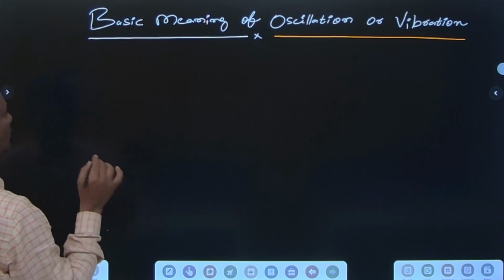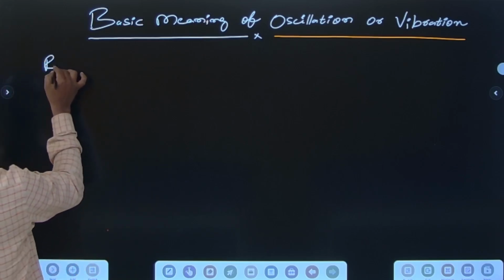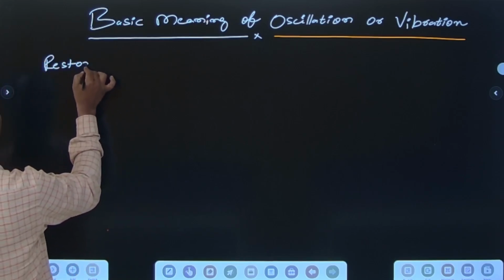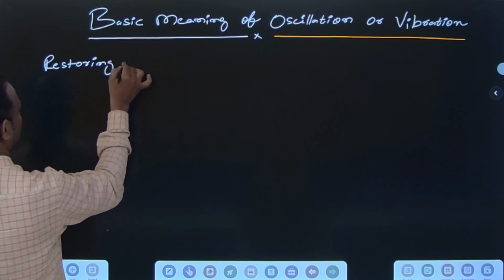Before knowing this, I should know about the restoring force.